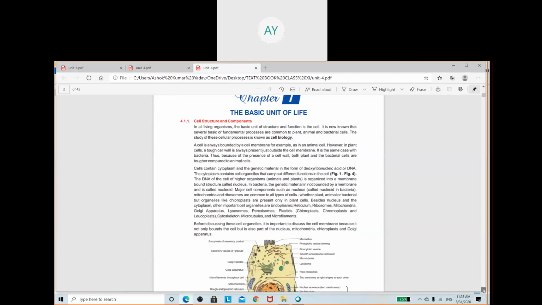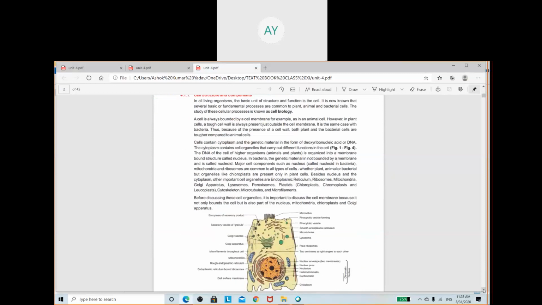So there is no cell wall, only cell membrane or plasma membrane is present in case of animal cell. So there is a slight difference in plant cell and animal cell, and the rest of the other organelles are similar.